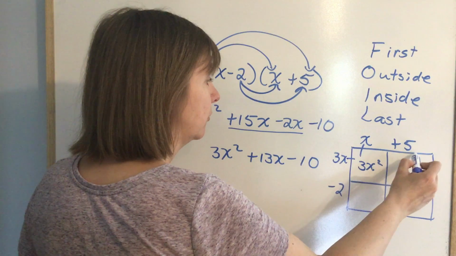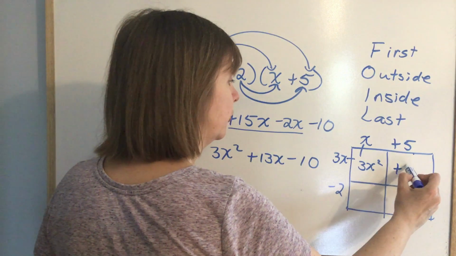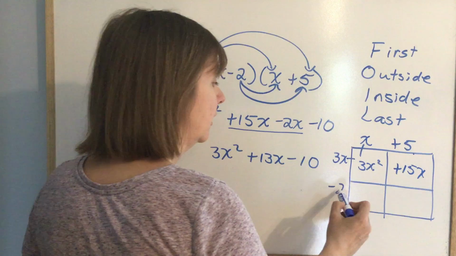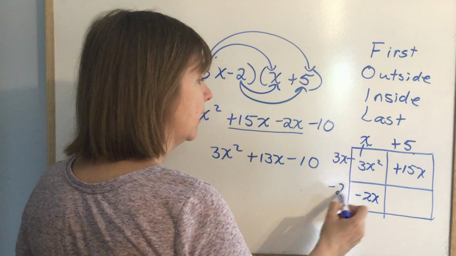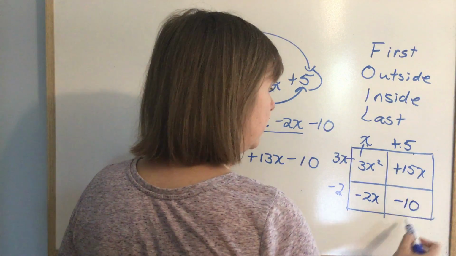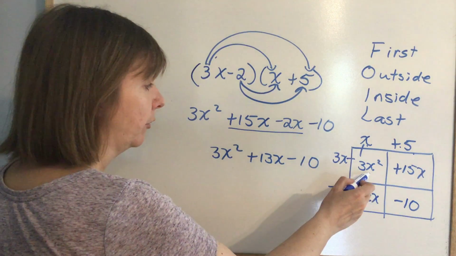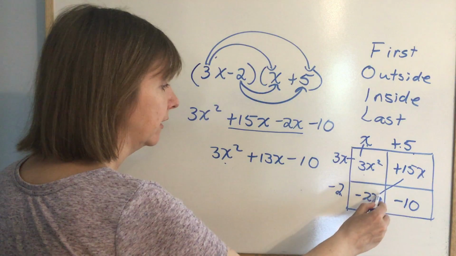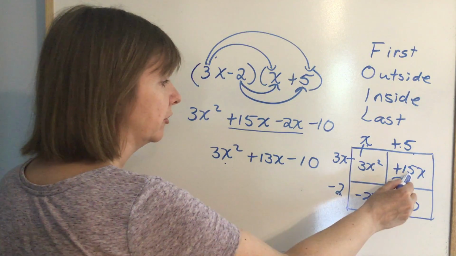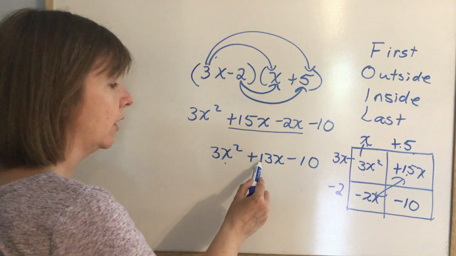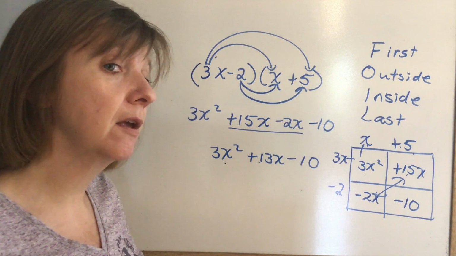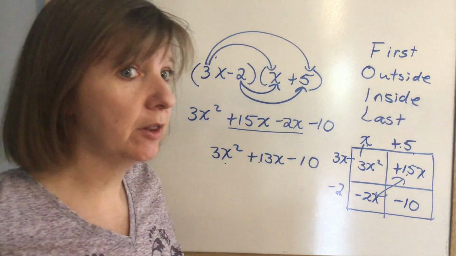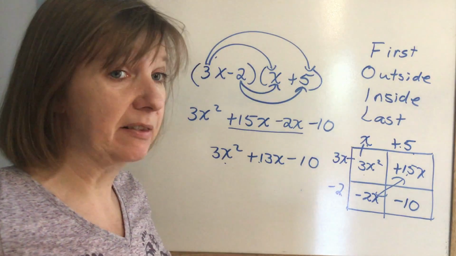You'd multiply 3x with 5, which would make 15x, you'd multiply -2 with x, which would give me -2x, and -2 with +5, which would give me -10, and then 3x squared, and then I can combine these two because they're like terms. 15x take away 2x is 13x, and -10. Some people like the box thing. I'm fine with it. I just find it takes up a lot of space and a lot of time.